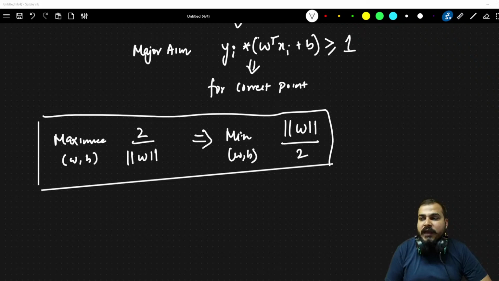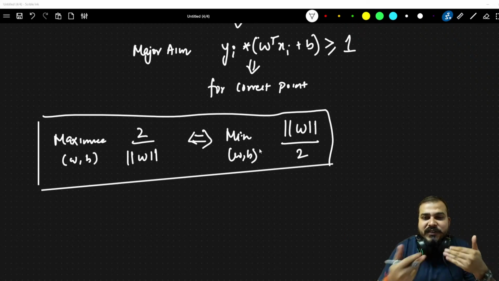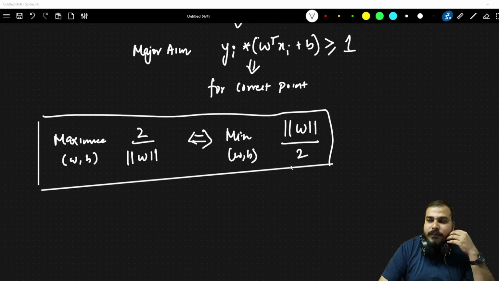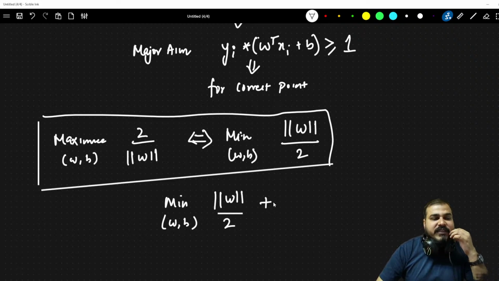Because we are trying to minimize something. Both are equivalent. And why do we specifically write minimization? Because in backpropagation, we are continuously updating the weights w and b. So my main target is to minimize this particular value by changing w and b, and I will start adding some more parameters over here. Till here, I think everybody has got it. This is our aim and we are going to do this.